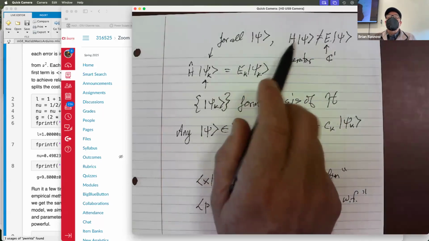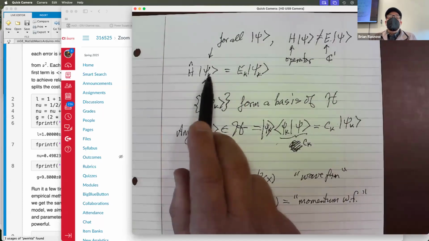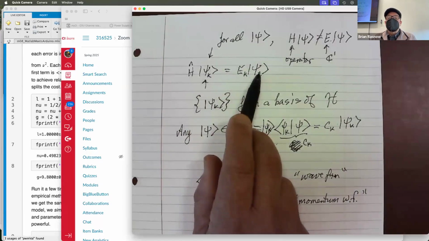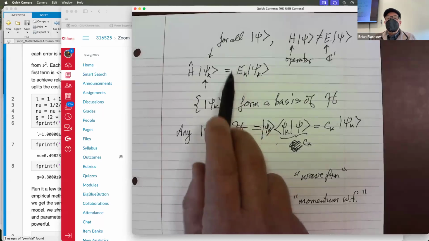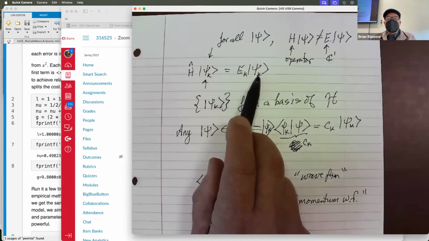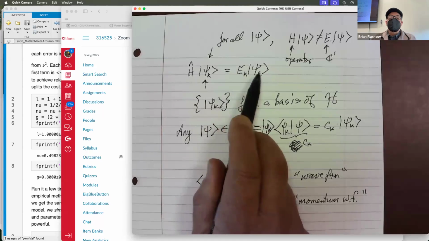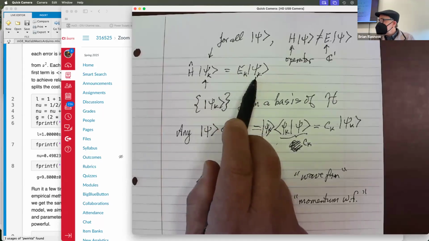But there are some magical states, let's call them psi sub k, for which, when acting with that operator on that state, it leaves the state changed only by a complex scalar. Those are called the eigenstates, and those are called the eigenvalues corresponding to the eigenstates.